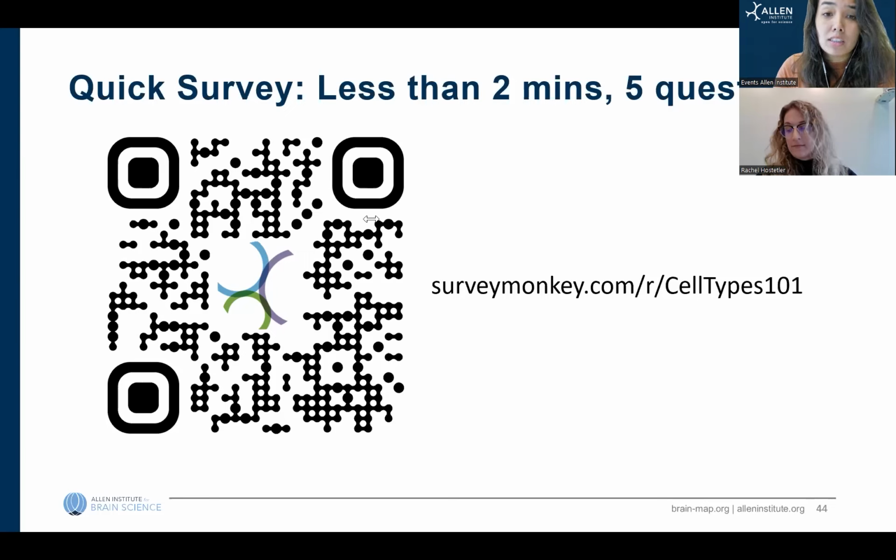Another question is, what references do you recommend that provide specific genome markers to determine different cell types and subtypes? Yeah, so a lot of previous literature was analyzed and assessed to come up with these different markers. Historically, we know that PV and SST are good genetic markers, but we're also still learning new molecular markers as well.